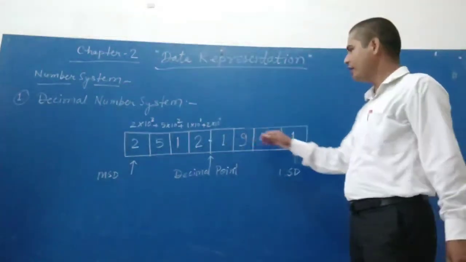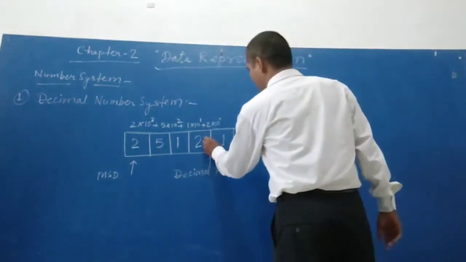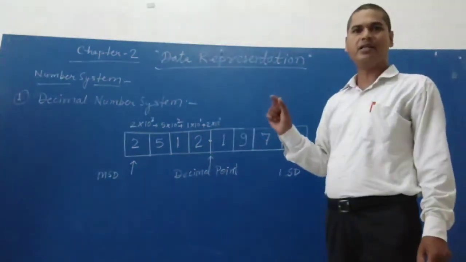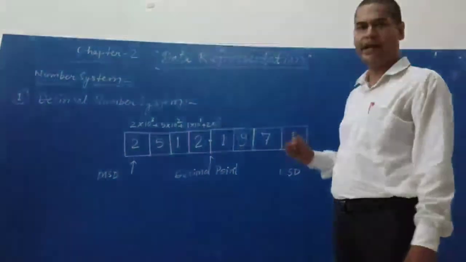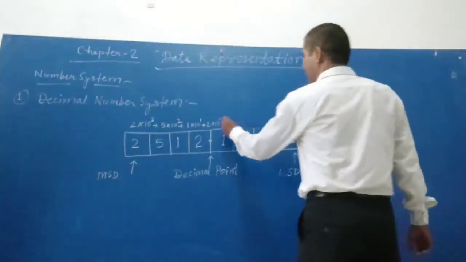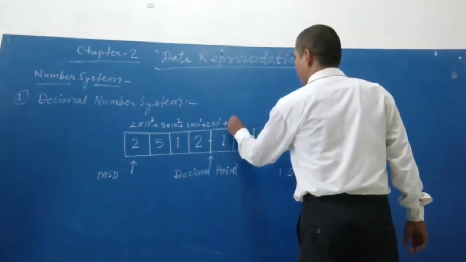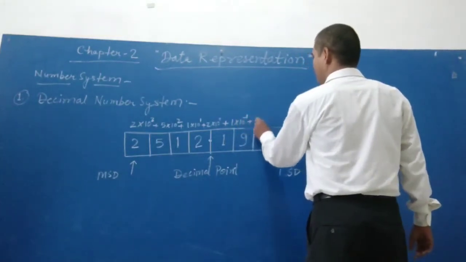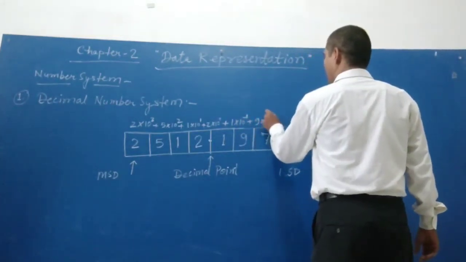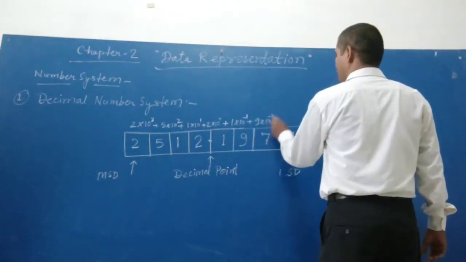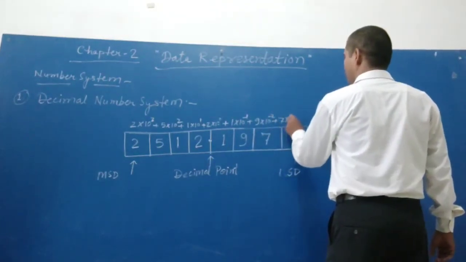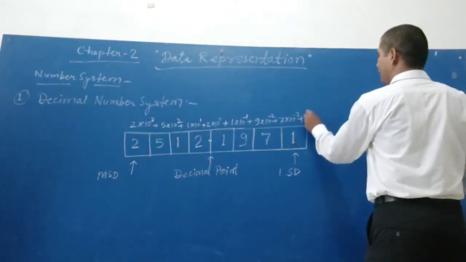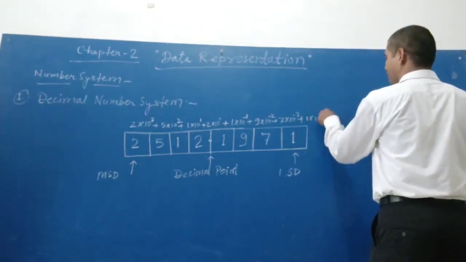After the decimal point, all these digits have a minus sign in the power of 10. So we write 1 into 10 to the power minus 1, 9 into 10 to the power minus 2, 7 into 10 to the power minus 3, and 1 into 10 to the power minus 4.